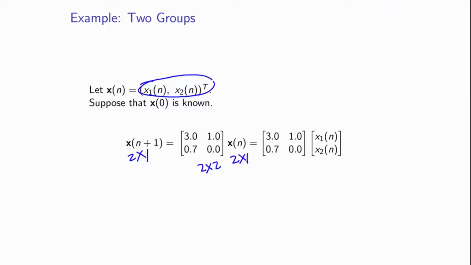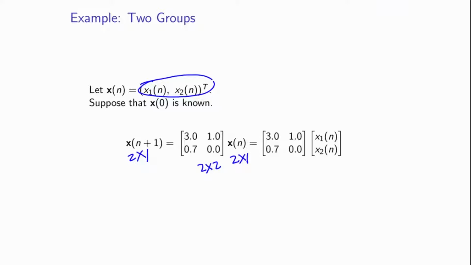And certainly this means that we multiply this matrix times the values of x1 and x2 evaluated at time step n. So this is an example of a very simple matrix model, a model for population that is defined in terms of a matrix vector multiplication.